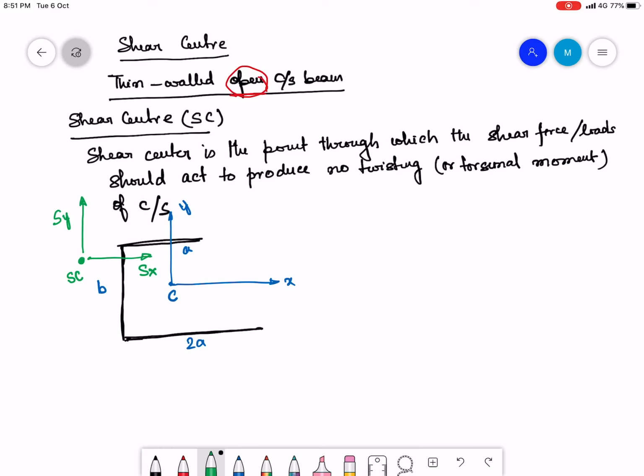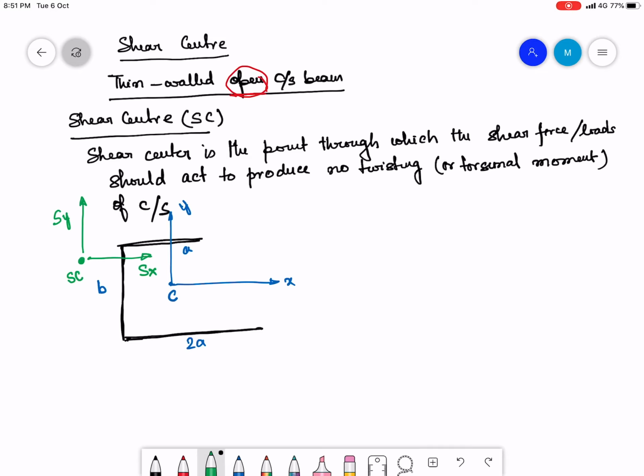Okay, so if the shear forces do not pass through the shear center, then the shear forces are going to produce a twisting moment, right? So now it is obvious that if I have two forces Sy and Sx in the plane of the cross section, it's obvious, right? It is very intuitive that they are going to produce a twisting of the cross section, right?